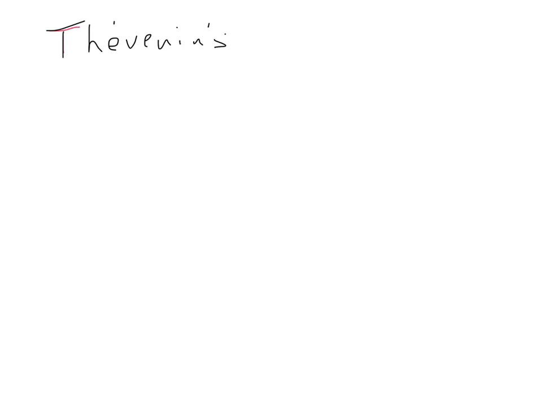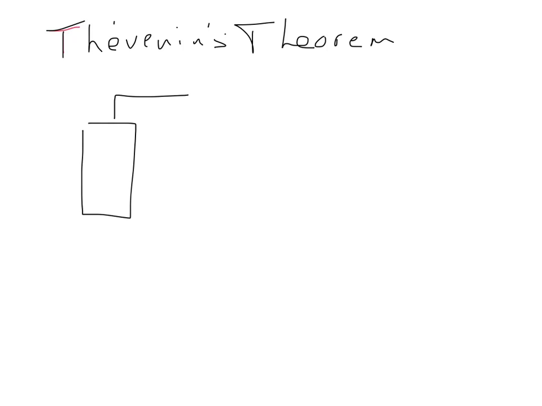Thévenin's theorem basically says that we can replace any black box, any circuit element, with a voltage supply and a resistor, and we just have to come up with a scheme for finding those two values.